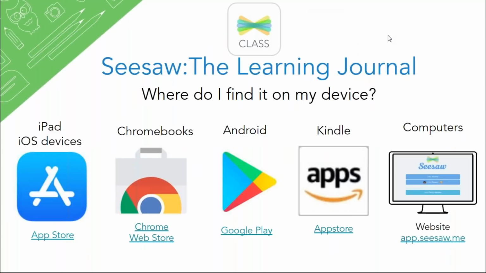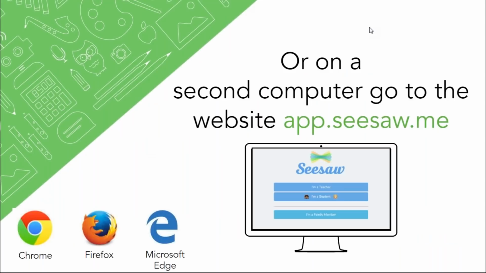If you are joining with a Chromebook or a laptop, then you want to be on the Seesaw website, which is app.seesaw.me. If it is a laptop, Seesaw works best with Chrome, Firefox, and Microsoft Edge browsers, so please ensure that you have those browsers ready to go.